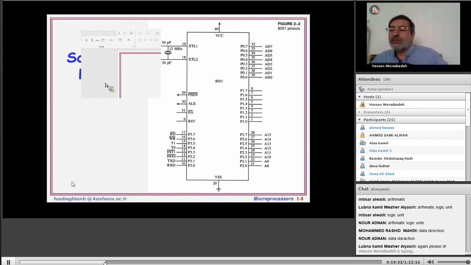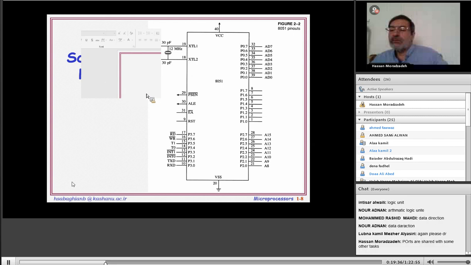Ms. Lobna, I said these 4 ports, port 0, port 1, port 2, and port 3, are shared with other tasks. Port A, port B, port C, port D, or port 0, port 1, port 2, port 3 are shared with some other tasks.